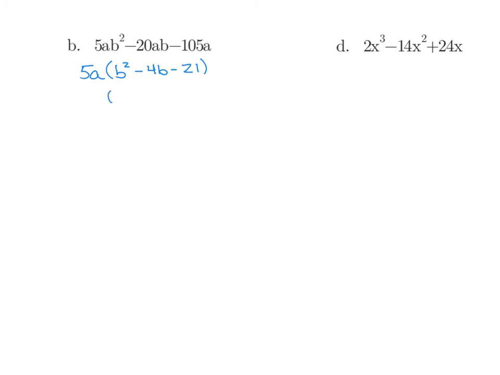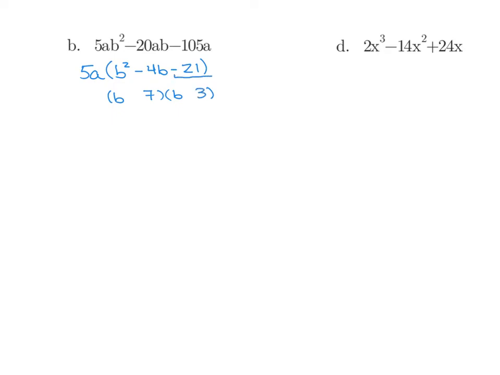All right, we want to go ahead and factor this leftover thing, the b squared minus 4b minus 21. We get b squared, that is going to be b and b. Things that multiply to 21, we have 7 and 3.